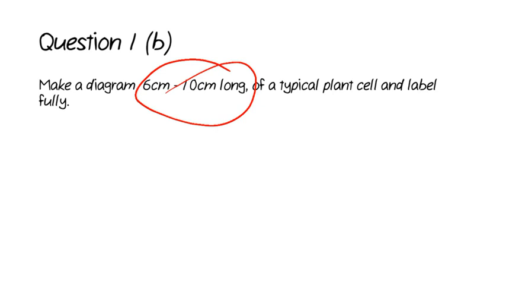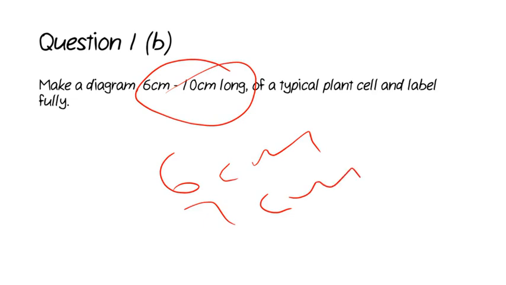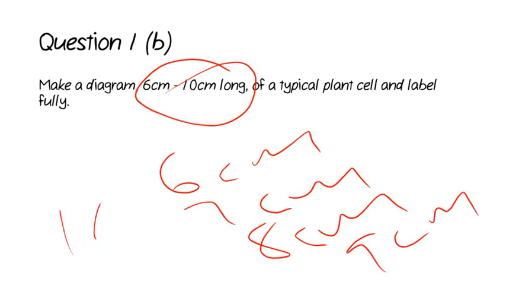If you are to make a diagram 6 to 10 cm, this means that your diagram can be 6 cm, 7 cm, 8 cm, 9 cm, or 10 cm, and you are going to score marks for this particular magnification of your diagram.